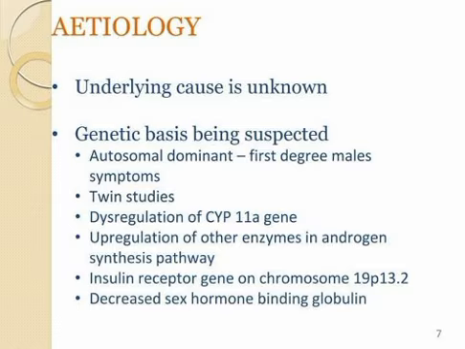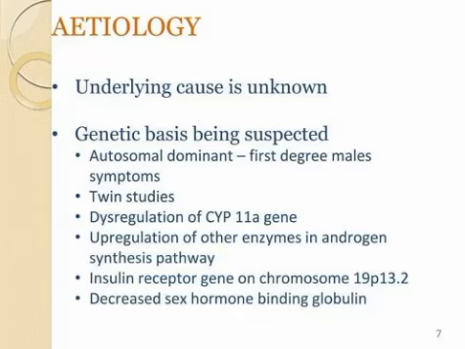Etiology of polycystic ovarian syndrome. Usually, the major causes for polycystic ovarian syndrome may be a genetic basis. Sometimes it may be suspected as autosomal dominant, with first degree male symptoms. Sometimes it may be seen in twin studies and dysregulation of the CYP11A gene.